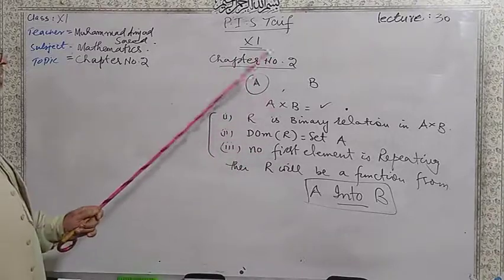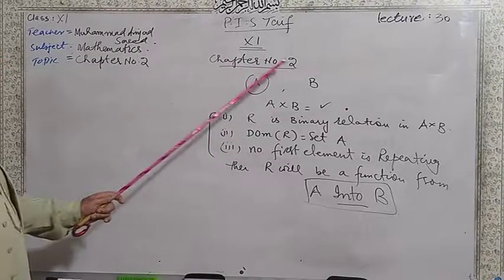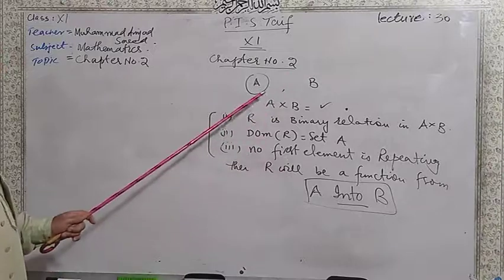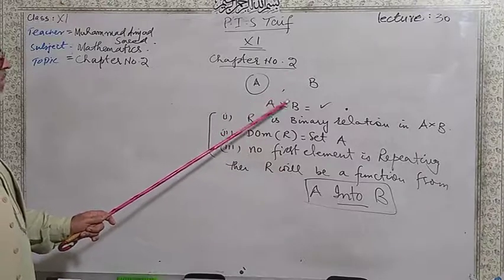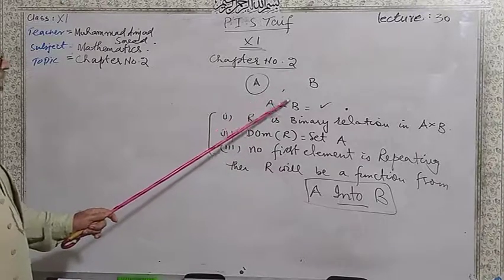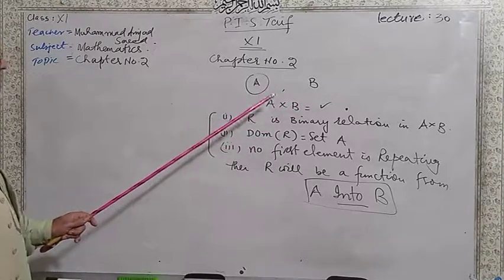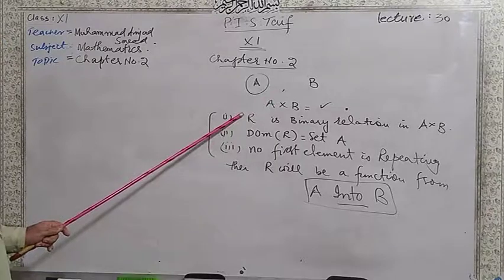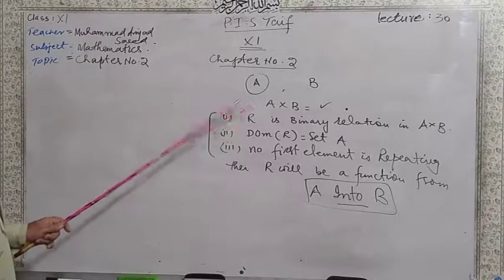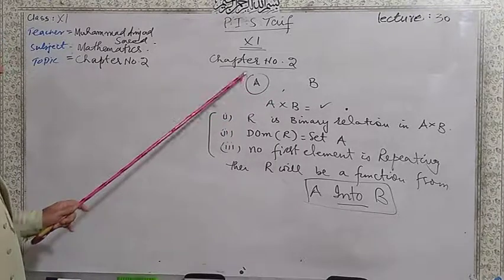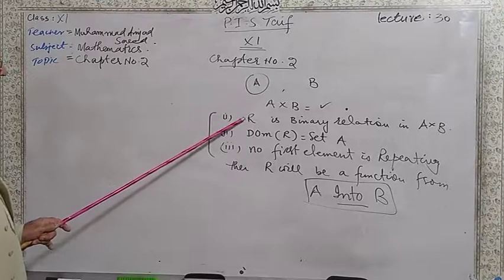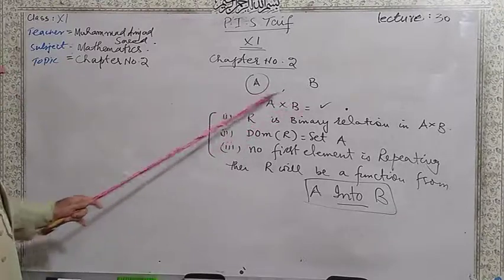I am repeating, you are given two sets A and B. They will be multiplied, there will be a Cartesian product. Then the subset of this Cartesian product is R. You have to check whether your binary relation is present in A cross B or not.